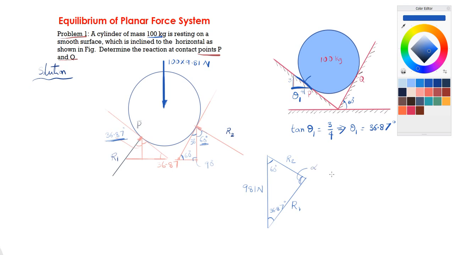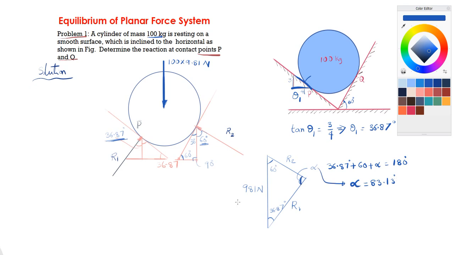Because in the triangle the total angles must be equal to 180 degrees, let's write 36.87 plus 60 plus alpha equal to 180 degrees. So from this we can calculate alpha equal to 83.13 degrees.